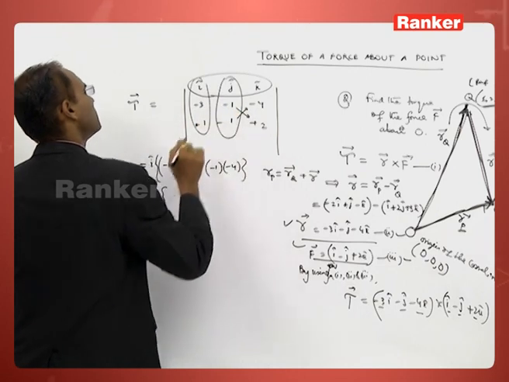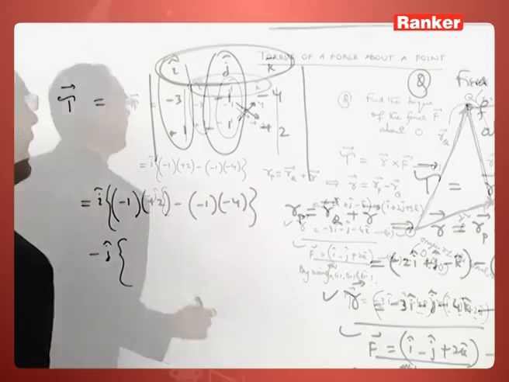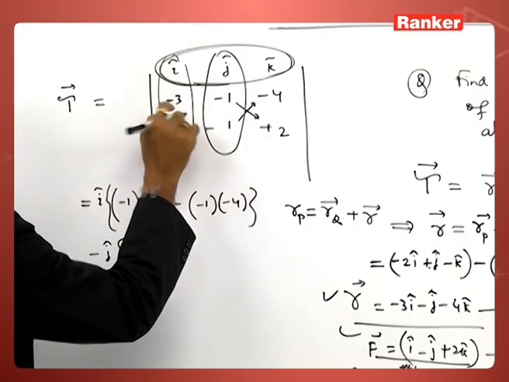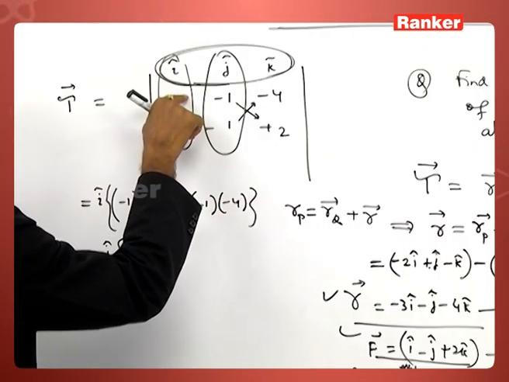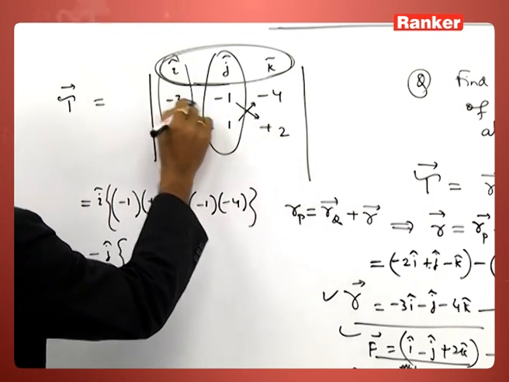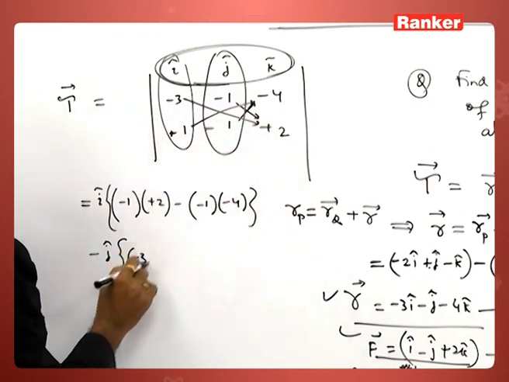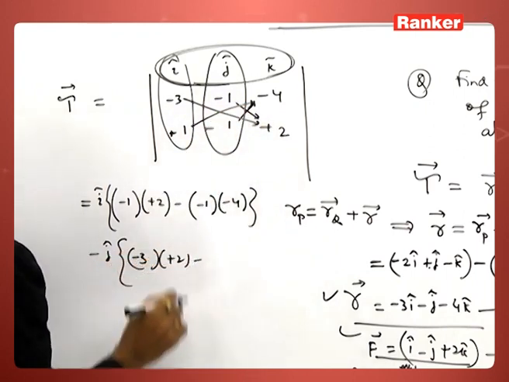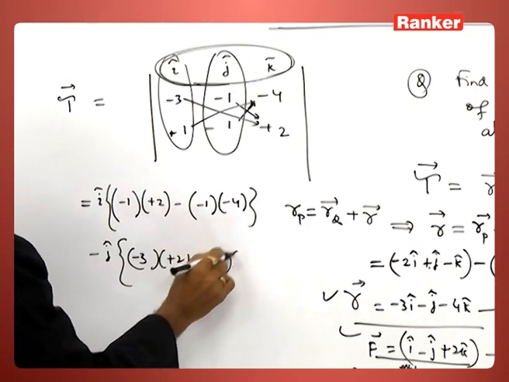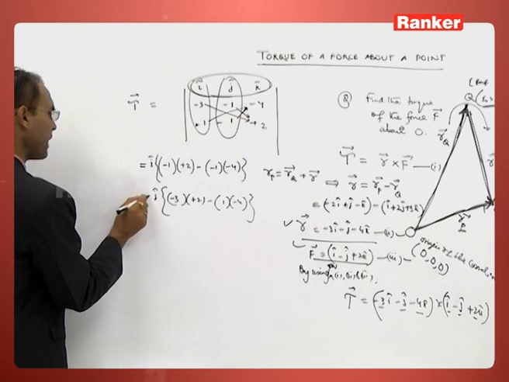You leave this column, leave this row, and again you start from left to right, from top to bottom in this way, then in this way. Minus 3 into plus 2 minus plus 1 into minus 4. It's not plus j cap, it's minus j cap.